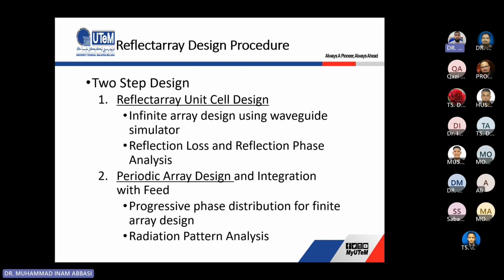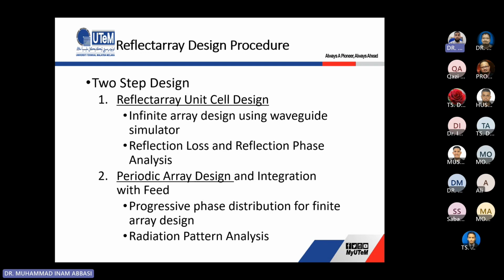So most of the analysis is based on this infinite array, which is actually a unit cell design. So it doesn't take too much time in CST or HFSS. Okay, and then we can see the reflection loss and reflection phase curve, and we can do the analysis based on these two curves.